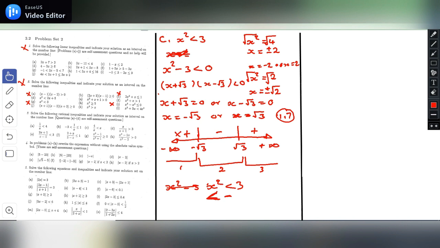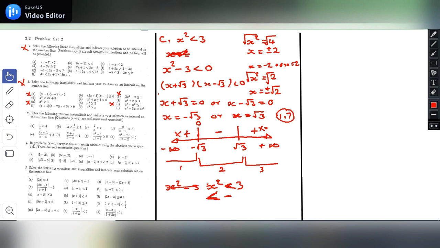And also from positive square root of 3 to positive infinity, it's positive, but the sign is negative, so we cannot use this one. We're going to use the values between negative square root of 3 and positive square root of 3. Now we check whether it's only less than, not equals to.